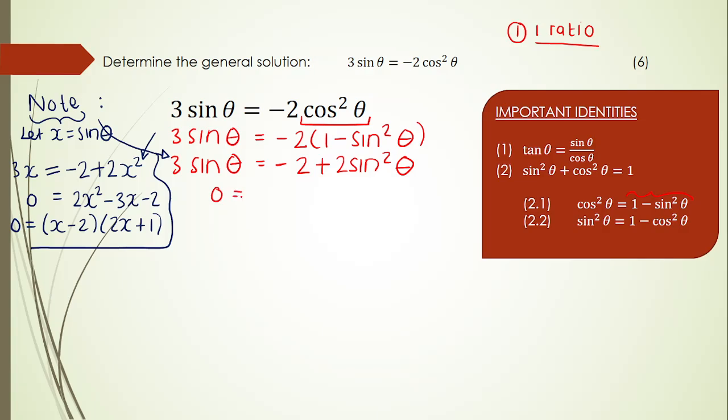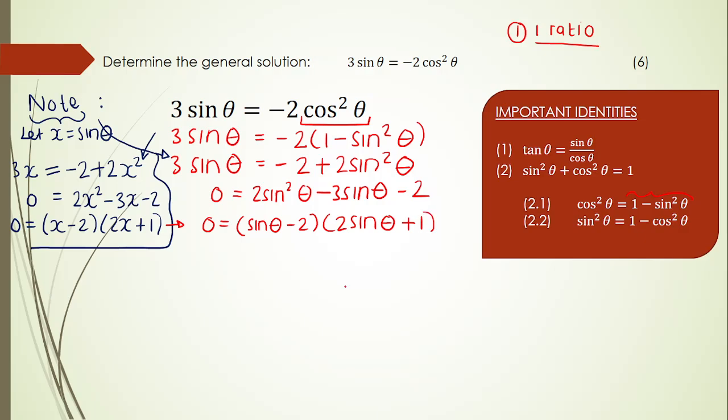2 sine squared theta minus 3 sine theta minus 2, and then I am just going to factorize, and it's going to be in the same format as this. So it's going to be sine theta minus 2 and 2 sine theta plus 1.